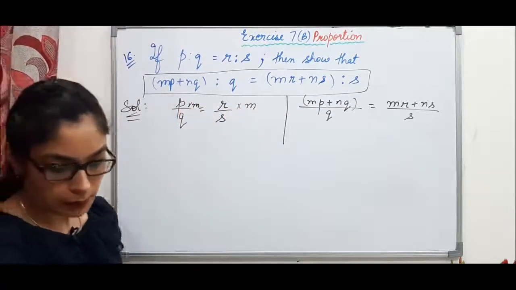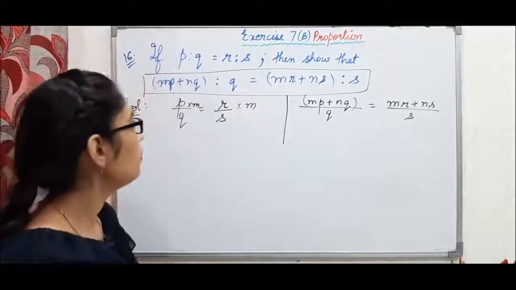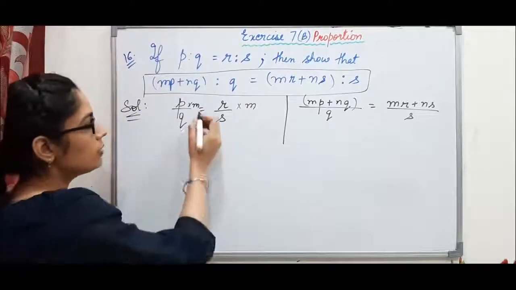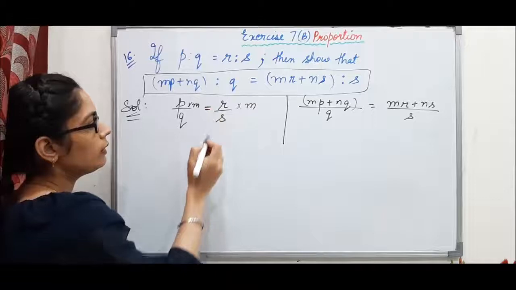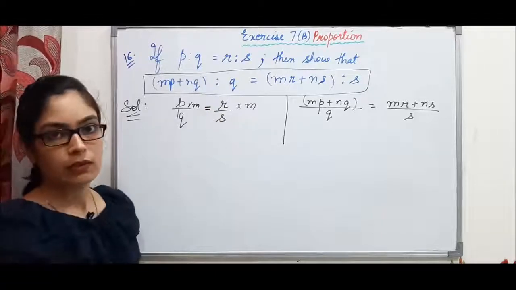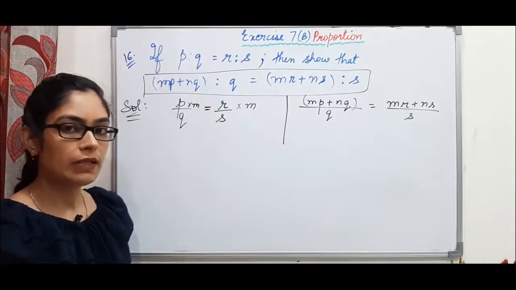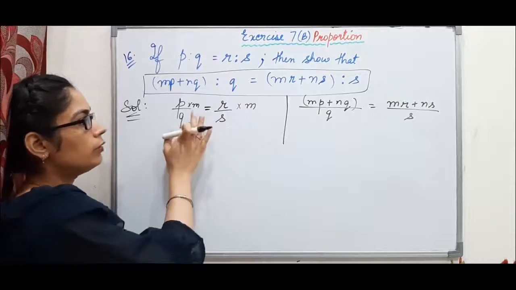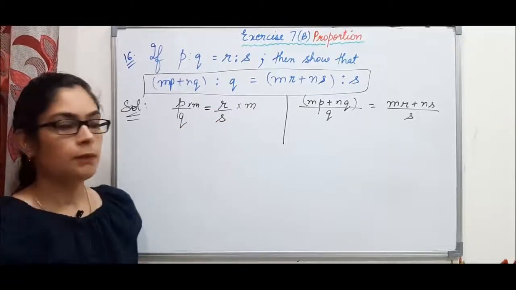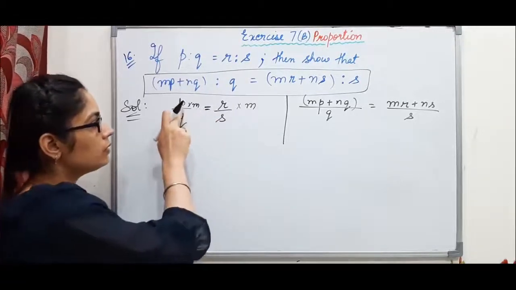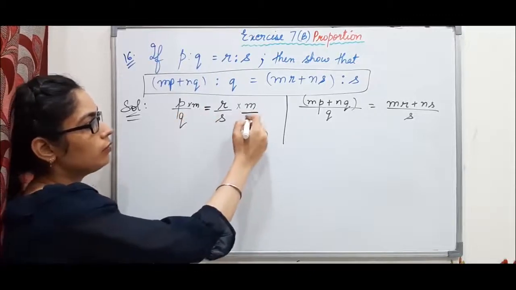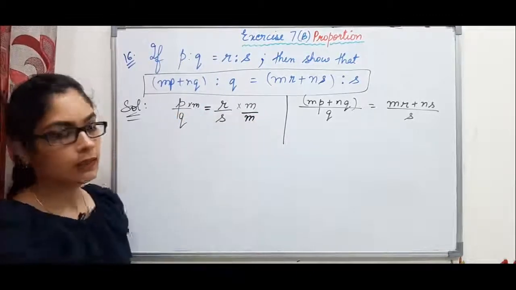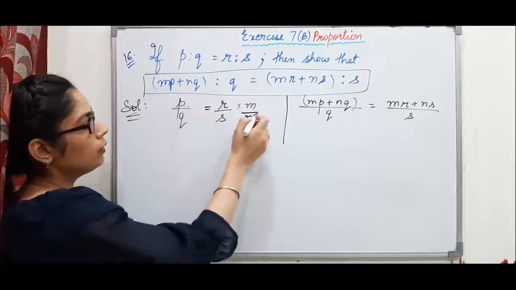Whenever we make any change, see this is an equation, the sign of equality makes it an equation. So whenever we are making any change in an equation, it should be on both the sides, because if this is getting multiplied, when you shift it to the other side, it will get divided, so it will get cancelled.